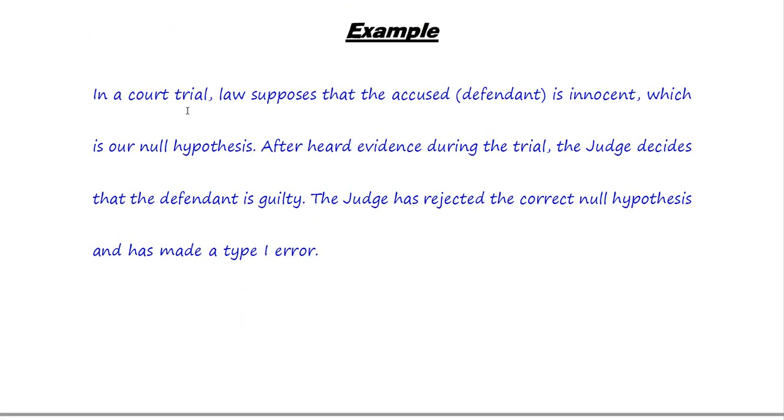In a court trial, law supposes that the accused or defendant is innocent. This is our null hypothesis, that the defendant is innocent. After hearing evidence during the trial, the judge decides that the defendant is guilty. The judge has rejected the correct null hypothesis and he commits the type first error.